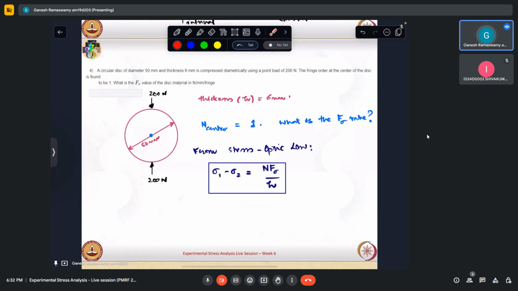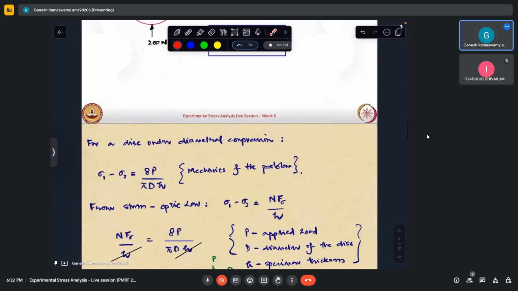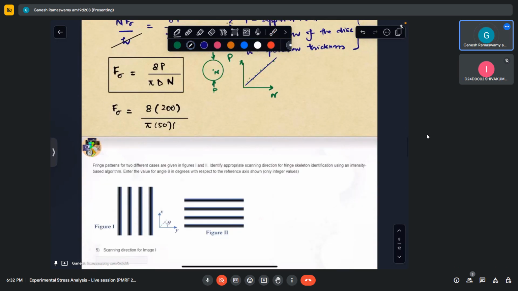We have only been given the final value, so we will take it as it is. So it will be 1. So f sigma here comes out to be 8 into 200 by pi into 50 into 1. So we get it as 10.1819 Newton per mm per fringe. This is its unit.